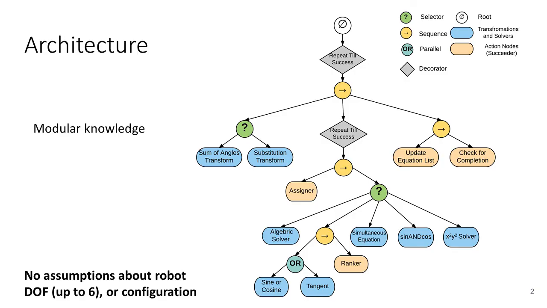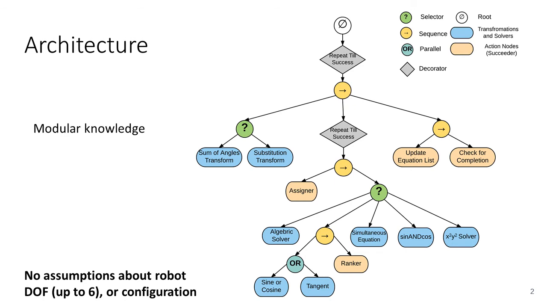Knowledge and rules used by engineers when solving closed-form inverse kinematics are encoded as action leaves in the behavior tree. The order of applying these rules is governed by higher-level composite nodes such as selector and sequence, which resembles the logical reasoning process of engineers.